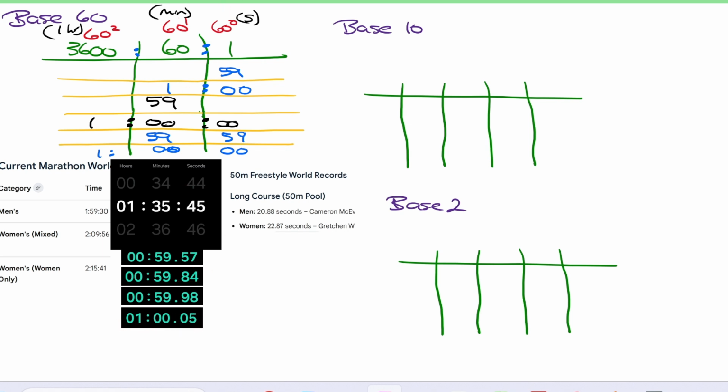Because if you look at where we measure those sorts of times, so for example here, where I've got the men's and women's marathon times, you can see that there's that snake bite, that base 60, so it's 1 hour, 59 minutes and 30 seconds. So that's for the marathon.